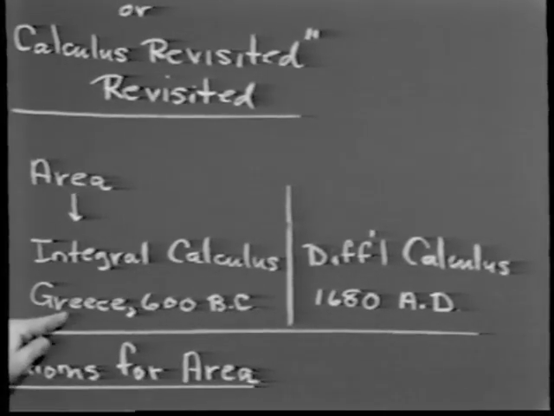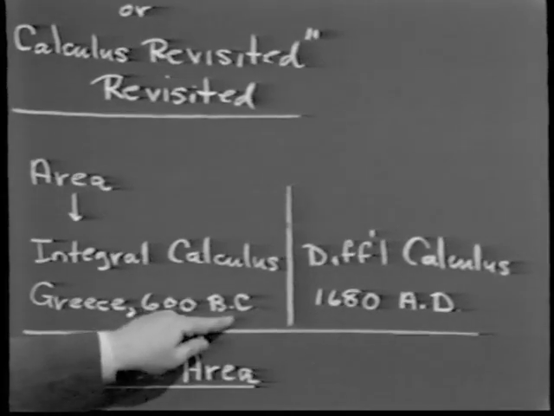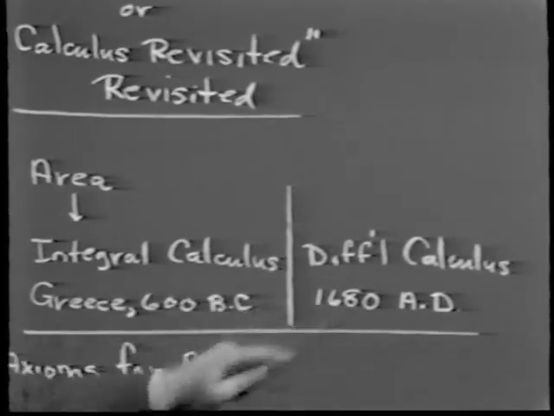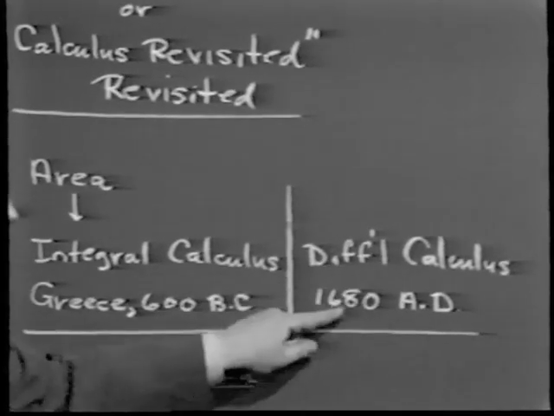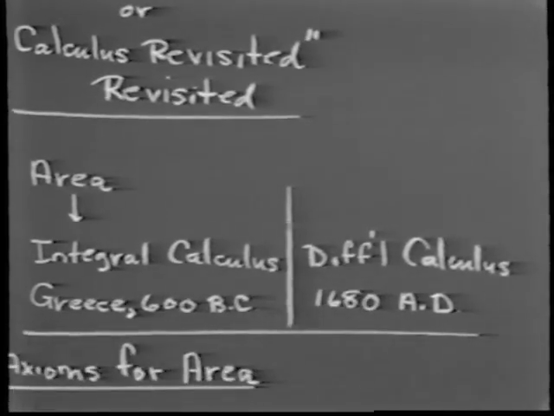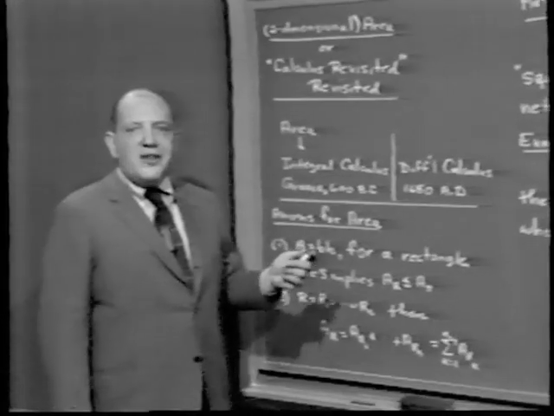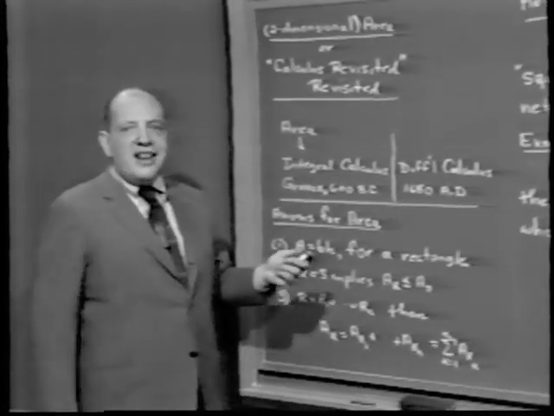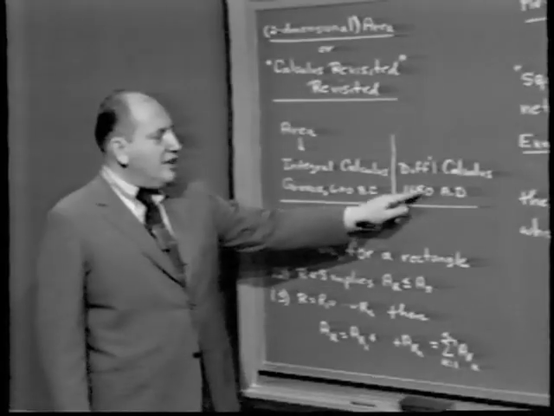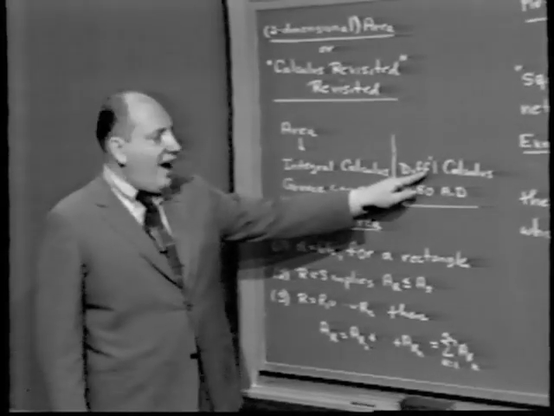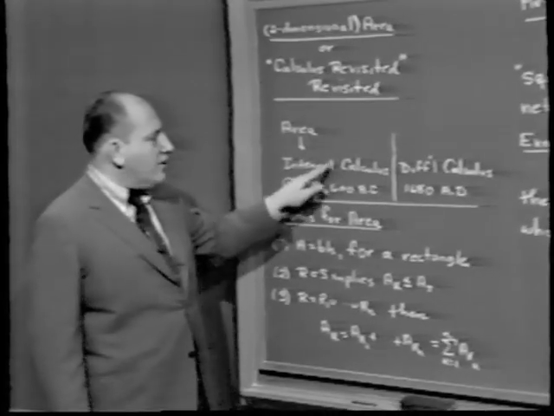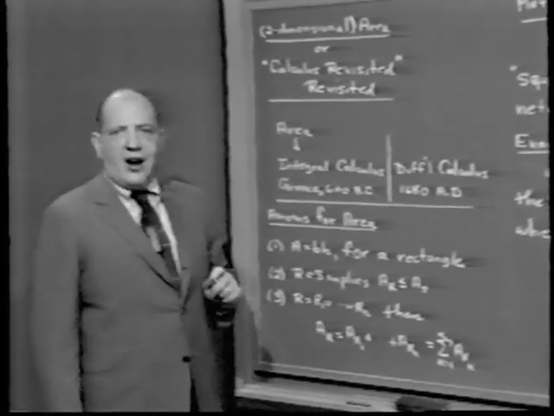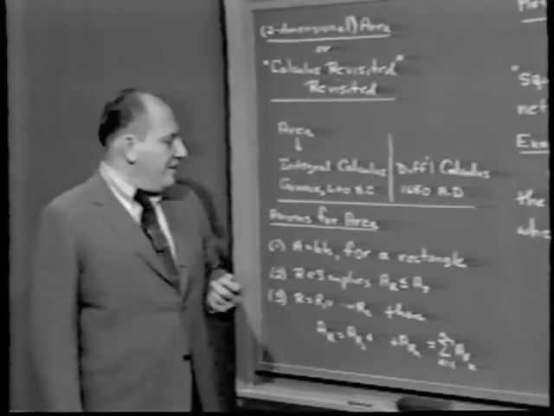It began in ancient Greece, roughly 600 BC. The branch of calculus that we've been studying up until now in our course, differential calculus, did not begin until 1680 AD. Notice then the interesting juxtaposition in time. Pedagogically, one seems to study differential calculus before integral calculus. Chronologically, integral calculus preceded differential calculus by more than 2,000 years.